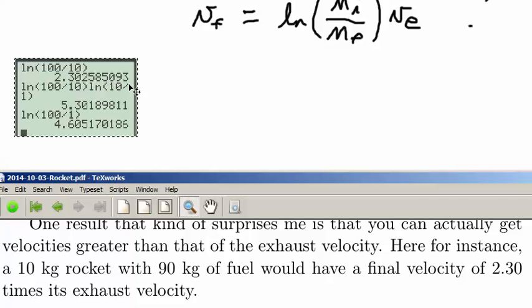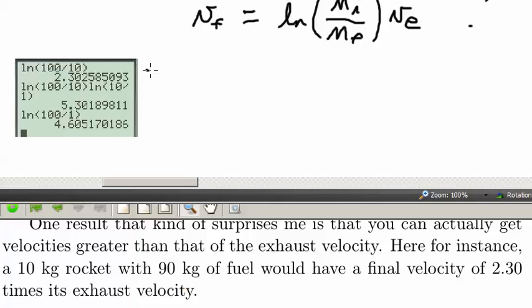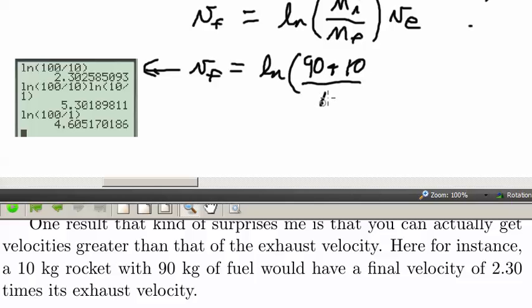One result that kind of surprises me is to get velocities greater than the exhaust velocity. V final is equal to natural log of (90 plus 10) over 10 times v sub e. Here, for instance, a 10 kilogram rocket with 90 kilograms of fuel would have a final velocity of 2.30 times the exhaust velocity.